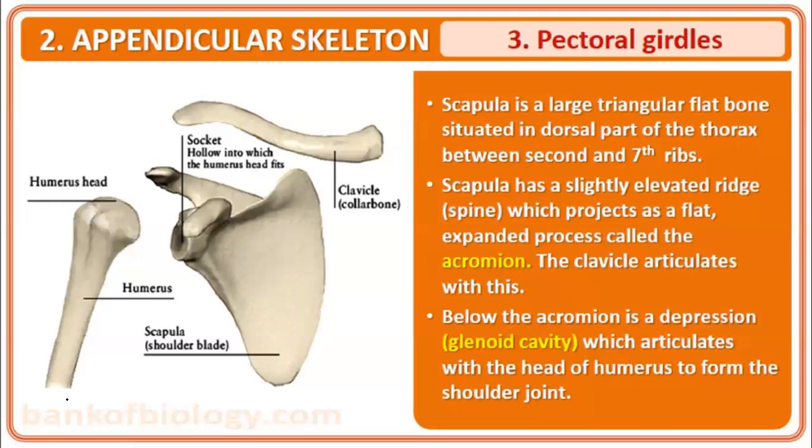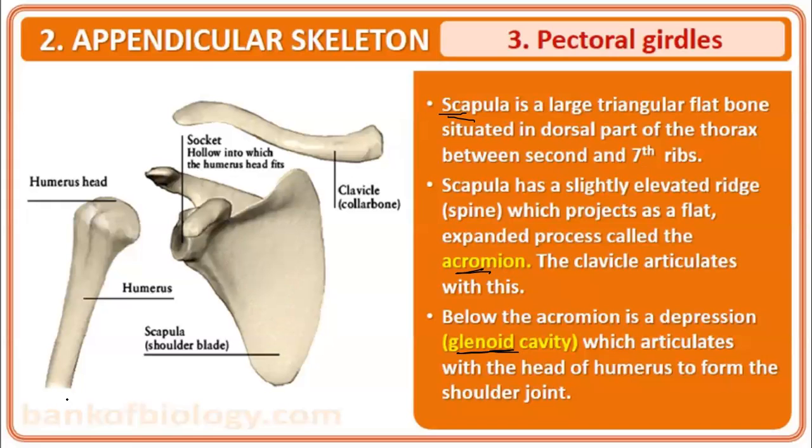So if you have any doubt regarding this, ask me in the Telegram itself. Here you have to study what is scapula, what is acromion, and what is glenoid cavity. These three things you have to study in this particular slide. So what do you mean by pectoral and pelvic girdles?